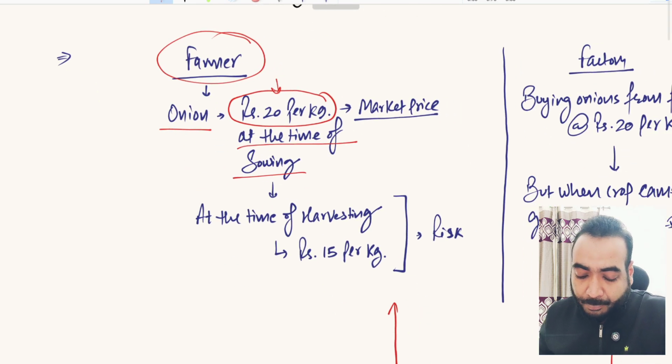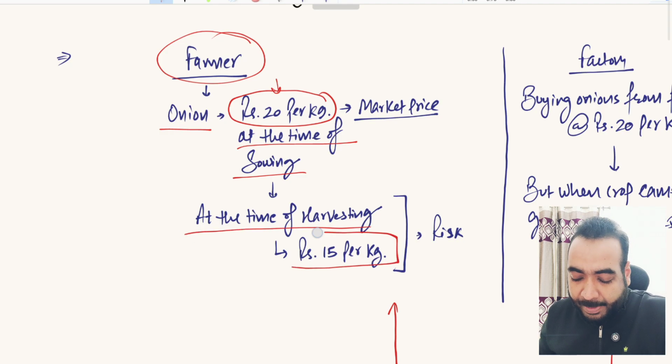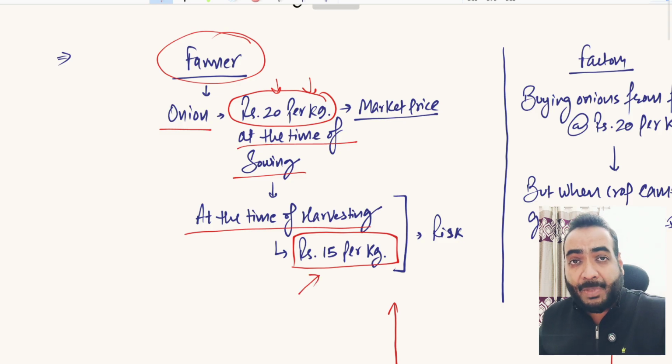But at the time of harvesting, the price of onion dropped to rupees 15 per kg. The price which was rupees 20 is now only rupees 15.